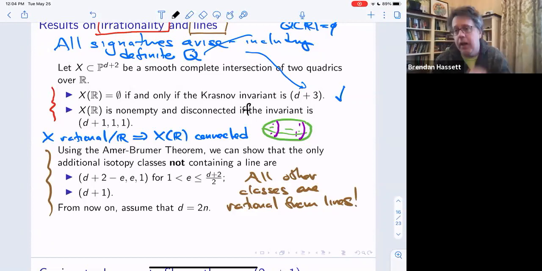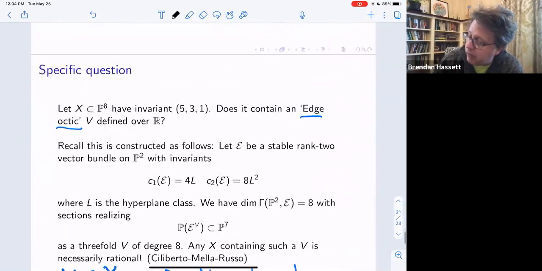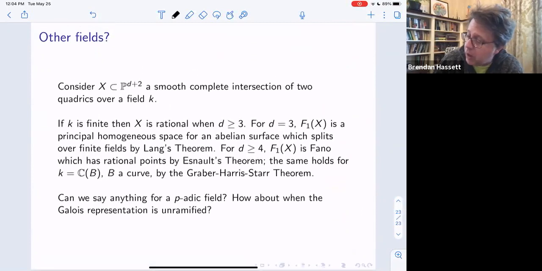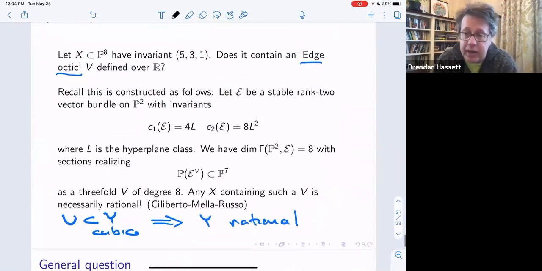For the resistant cases, the 5-3-1 case that I alluded to, I don't have a proof of stable rationality. I haven't thought about it very closely, but I think that's a really good point: whether you could use this as a testing ground to produce new examples of stably rational, non-rational varieties.